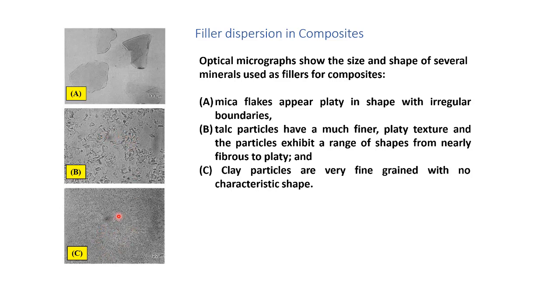The third one is the clay particle, which consists of very fine particles with no characteristic shape boundary. For these kinds of structures, we have to go to higher magnification, so we will use the electron microscope.